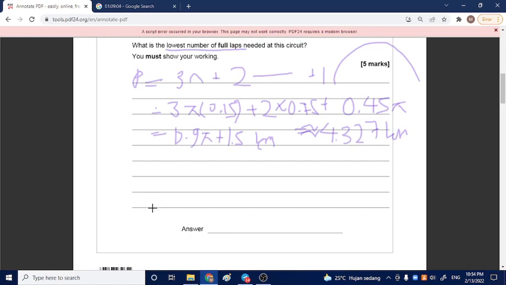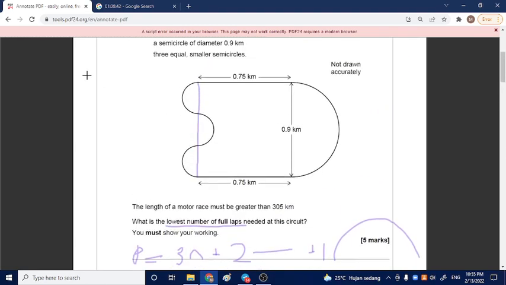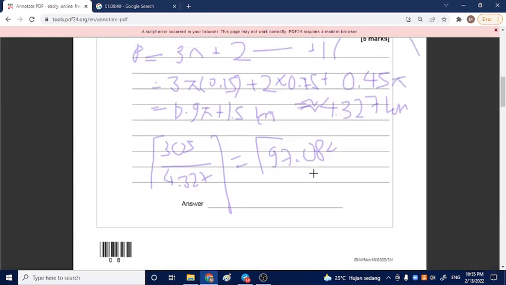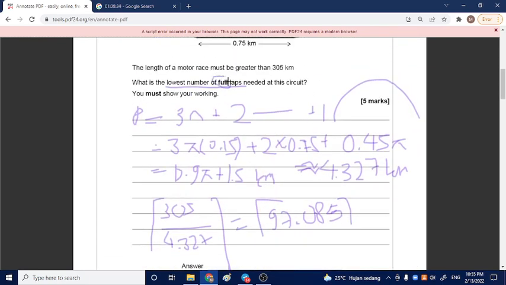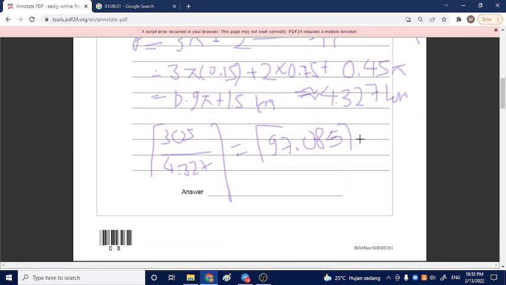That would mean we need to find the ceiling of 305 over 4.327. Plugging that into the calculator, we have a ceiling of 98. And since we're asking for a number of full laps with lowest, we need to round it up. That would be 98. So the answer is 98 laps.